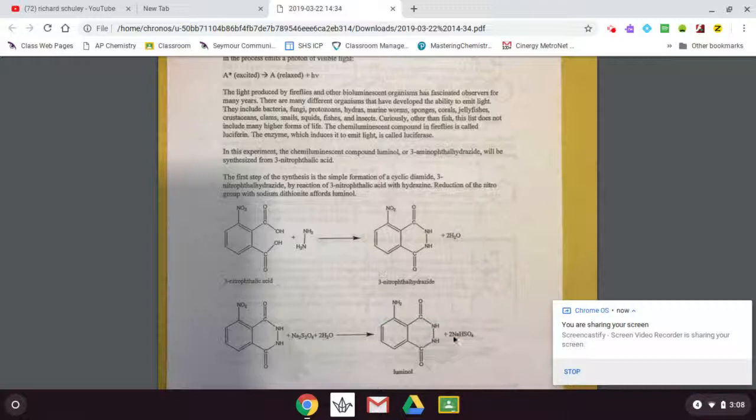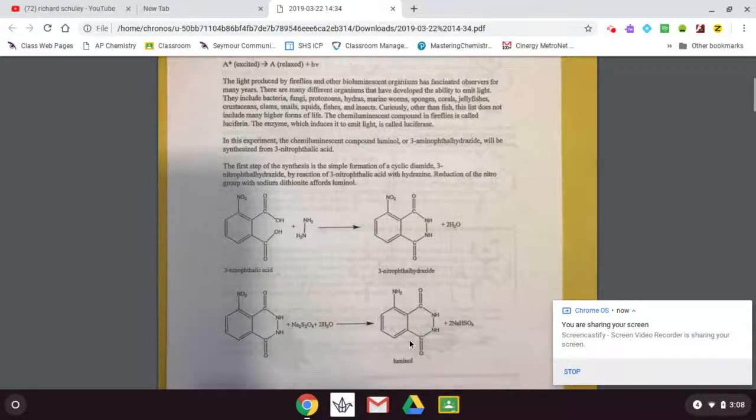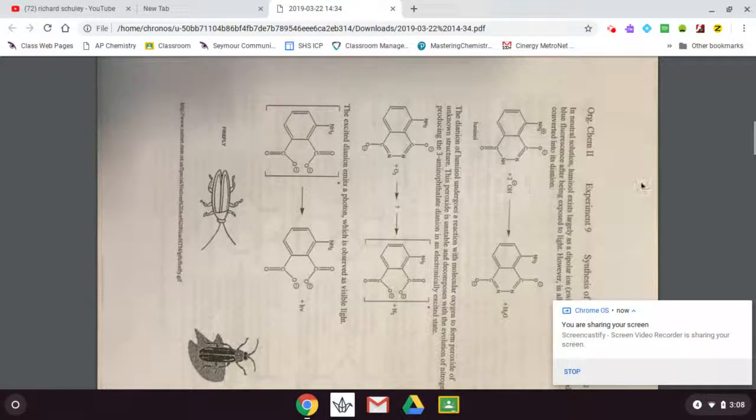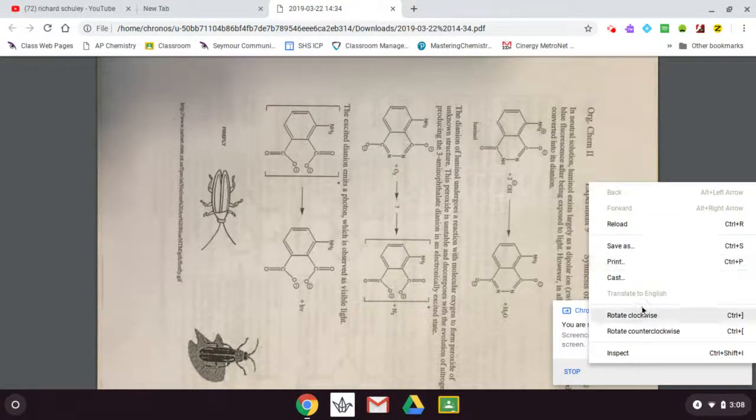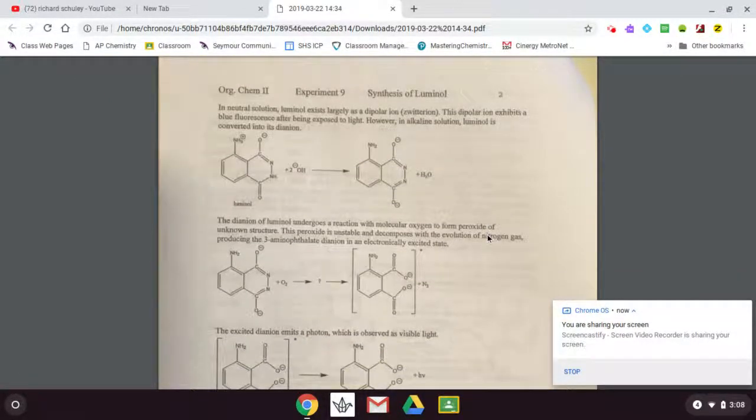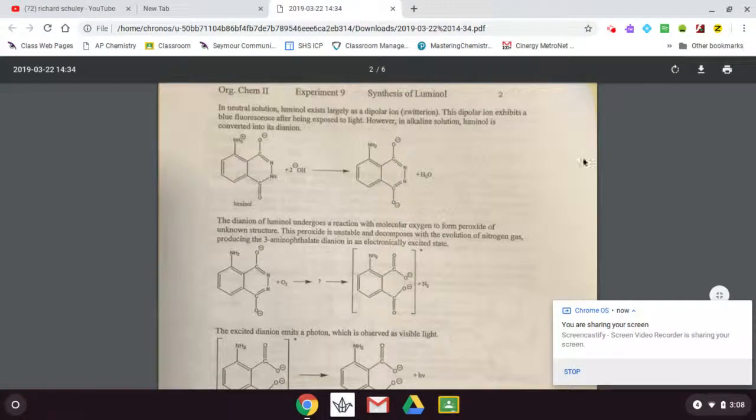That will reduce the nitro group here that we put on this to an amine group, making this the chemical luminol. And then what's going to happen is, we've got some modification there of, see if we can rotate that. There we go. So what then will happen will be, we'll take the luminol then to make the light.